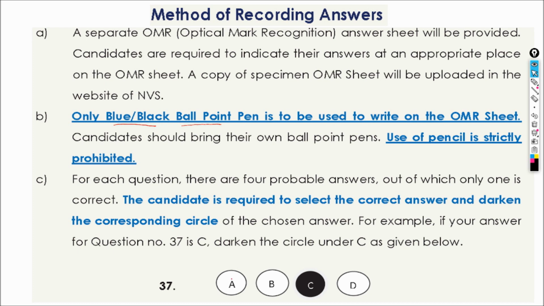So 4 options will be there and one of them will be correct. Suppose the correct answer of question number 37 is C. So in this way you have to darken this. That means the circle should be darkened wholly, so that there is no part left inside the circle, and the darkening does not go outside the circle. So darkening the circle is also important.